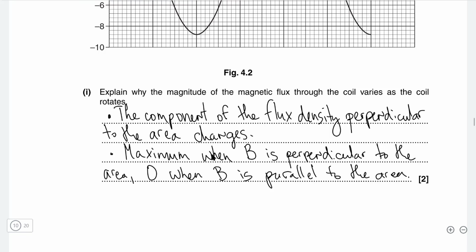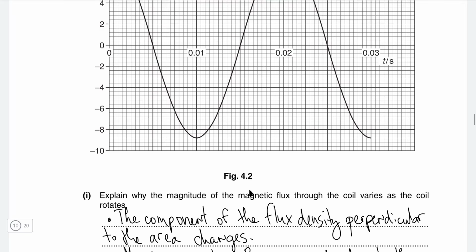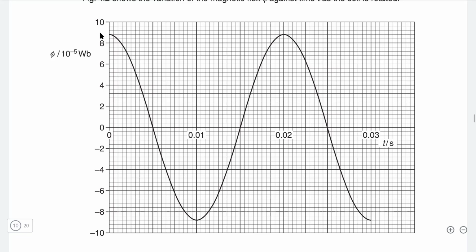It is maximum when B is perpendicular to the area and 0 when B is parallel to the area. So when the area is perpendicular, this is maximum flux, and this over here is 0 flux when it is parallel to the area.